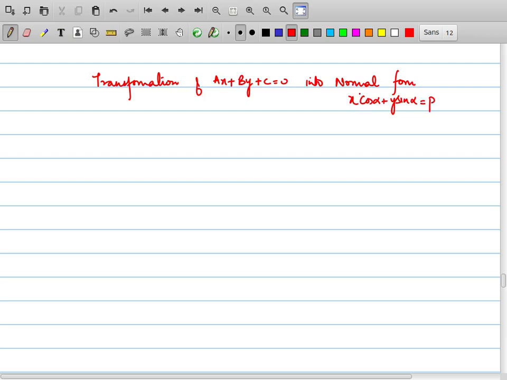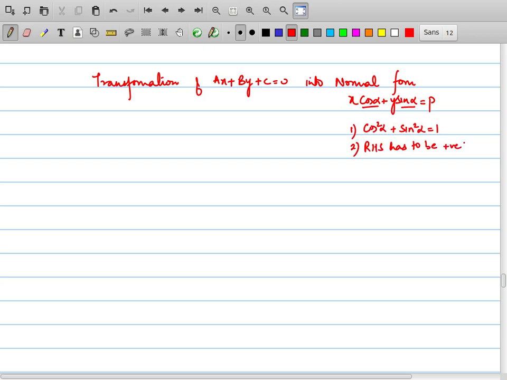Now, there are two things that we should take care of once we want to convert our general equation into normal form. First, in normal form, the square of the coefficient of x plus the square of the coefficient of y should always be 1. Second, the right hand side has to be positive.